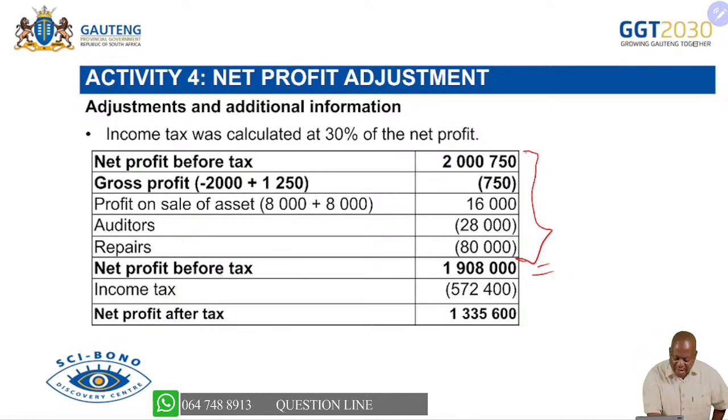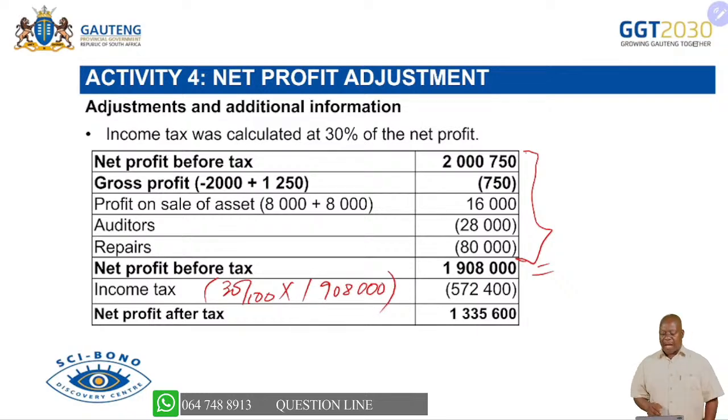For us to find our tax now, we are going to say 30% times 1,908,000. Remember, when they say 30% of the net profit, we are referring to net profit before tax. So the net profit before tax is 1,908,000. We subtract 30% tax there, and it's going to be 572,400.